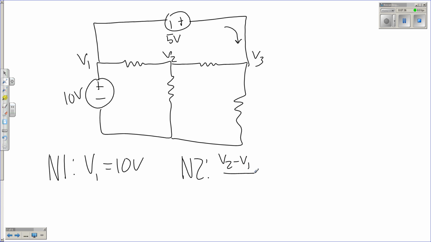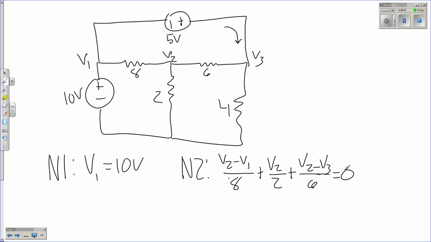V2 minus V1 over, we'll set up the same as we had before. We'll say 2, 4, 6, and 8. So over 8 plus V2 over 2 plus V2 minus V3 over 6 equals 0. Yeah, not so bad at all.